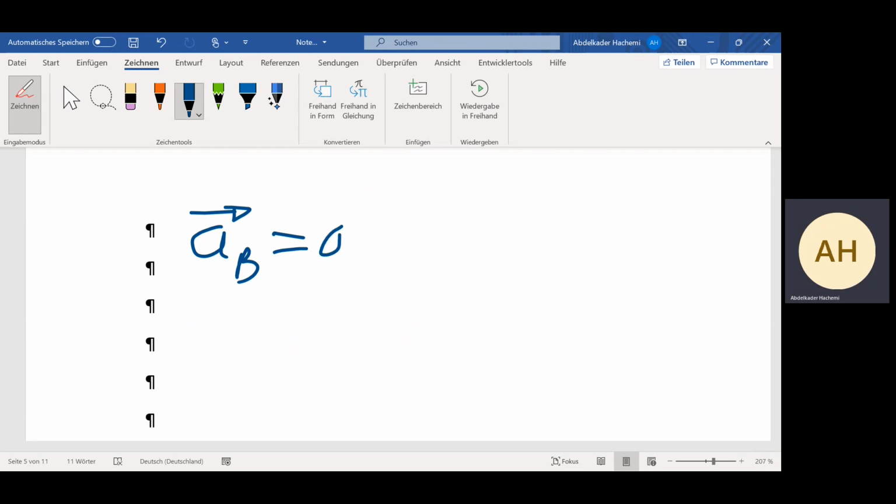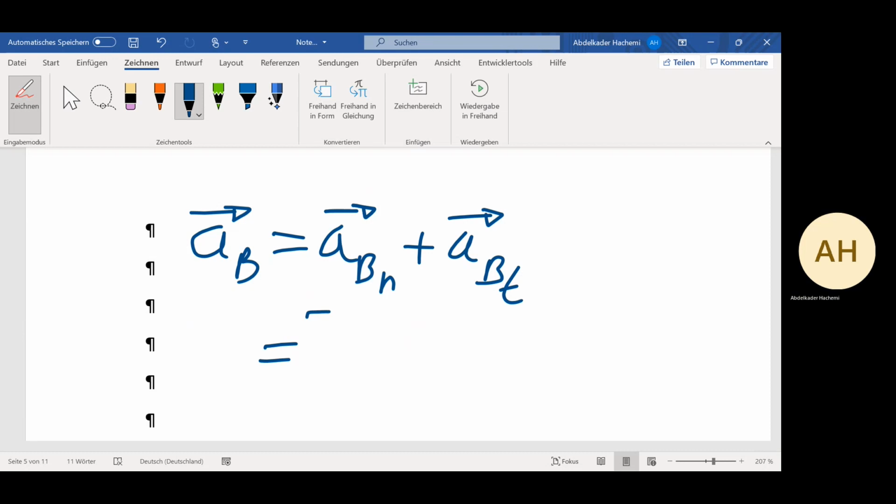It's only EBN, the normal component, plus EBT.